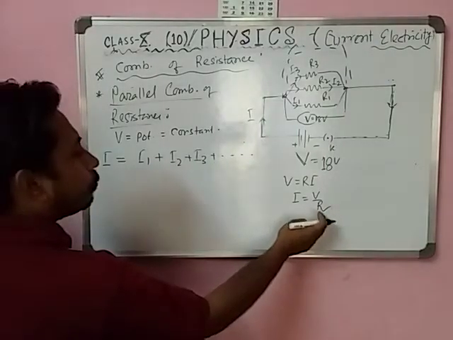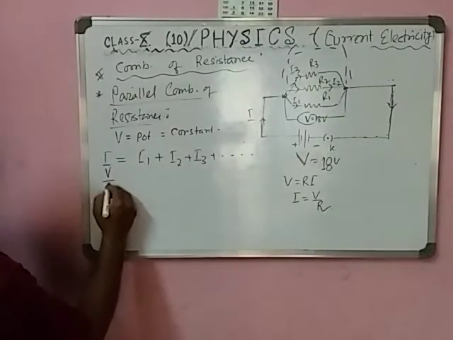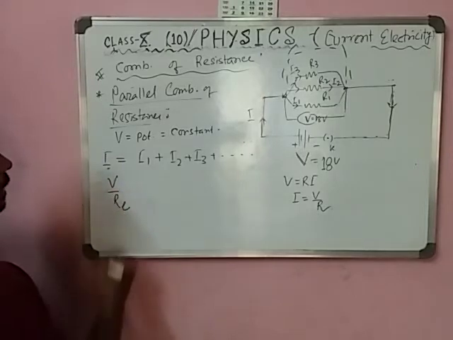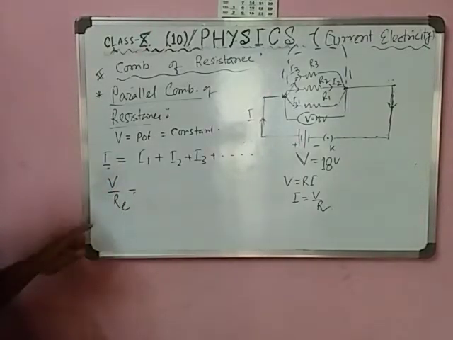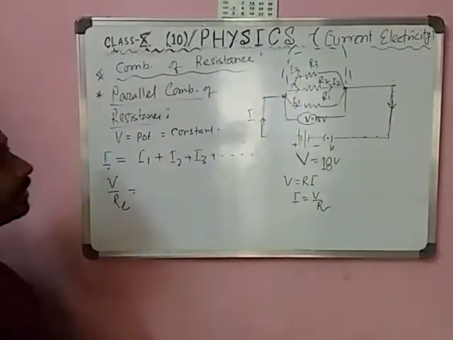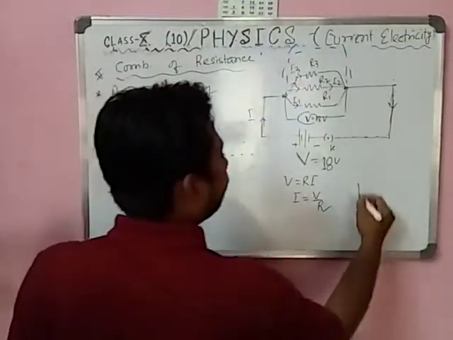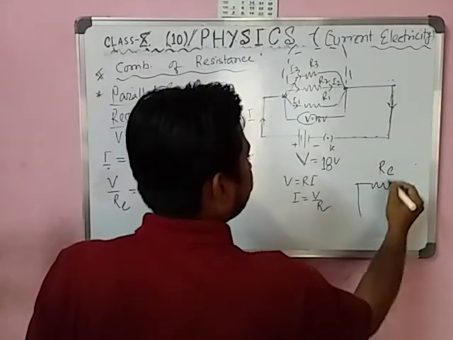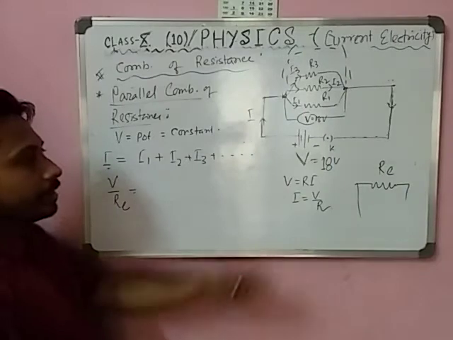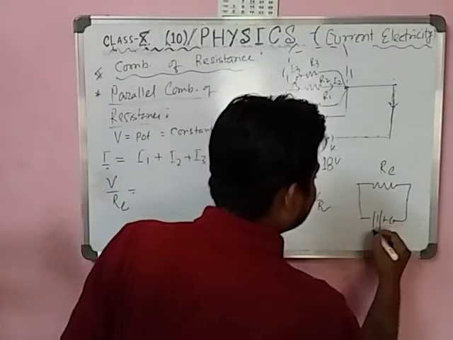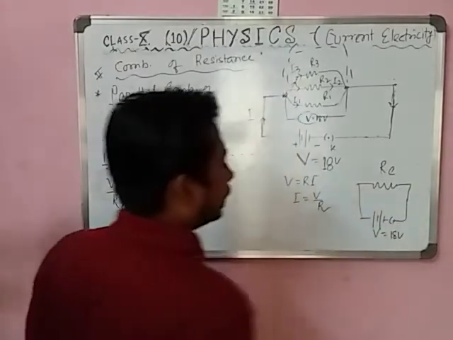So put the value V by R here. So here V by R equivalent or effective. Here R means, if you think all the resistors actually as a single resistor, you can write all combining as Re. So the total resistance will be Re connected with a battery like this, and V operating suppose 18 volt.